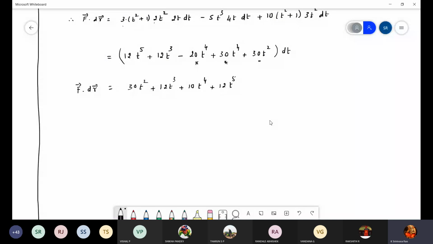Now consider, therefore, the integral of F dot dr equals the integral of 30t squared plus 12t cubed plus 10t to the power 4 plus 12t to the power 5, into dt, with limits t equals 1 to 2. Is it right?